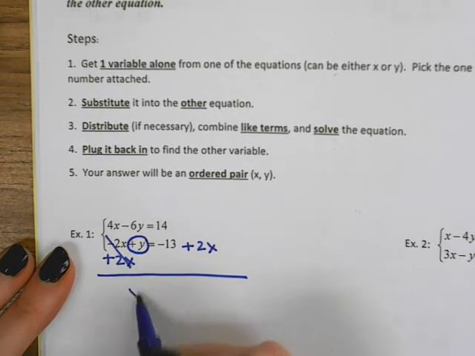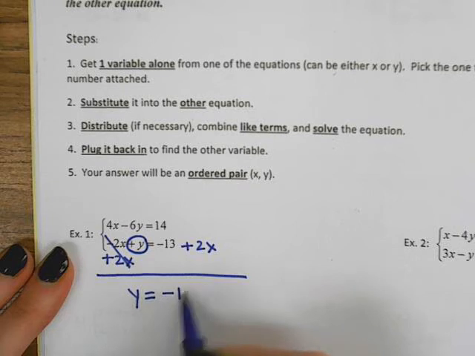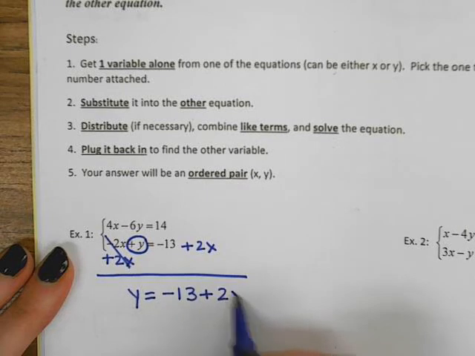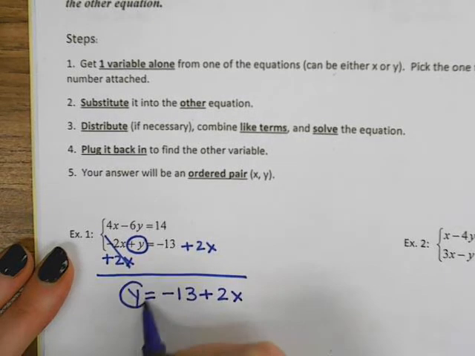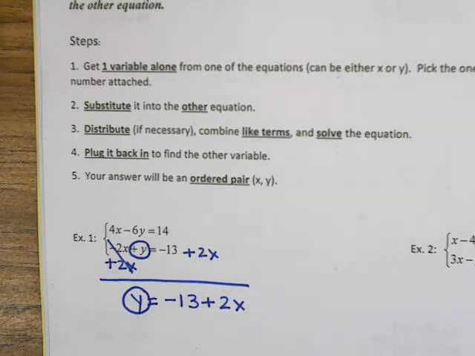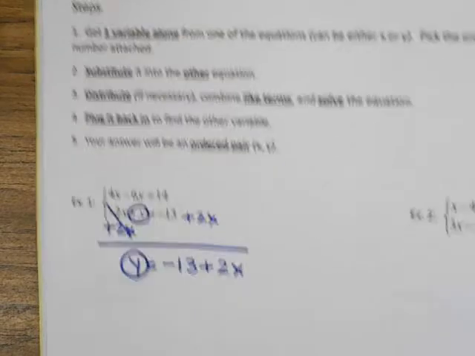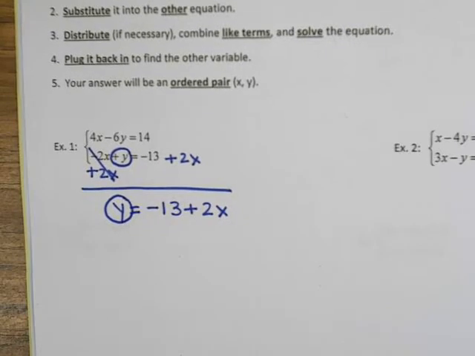Okay? And then look, it's y equals negative 13 plus 2x. Now y is alone. But you have to get it alone in order to make the substitution. Okay, now we're good to go.